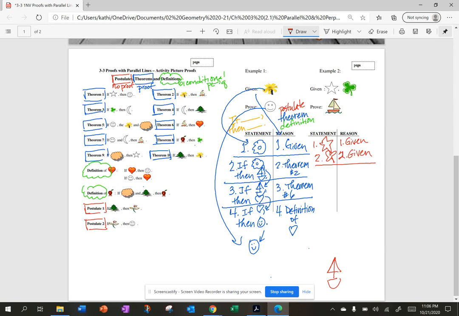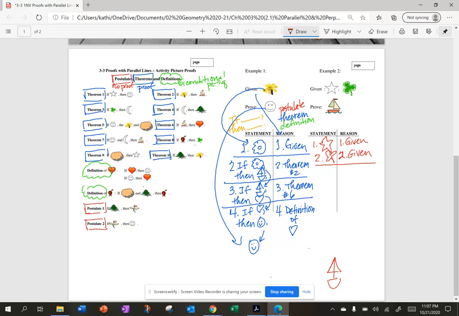So I'm looking at if I see a star. So I'm starting with a star. So if I have a star, then I can get a smiley face. And I see if I have a shamrock, then I can get a moon. So if I have a smiley face and a moon, then I can get a boat.